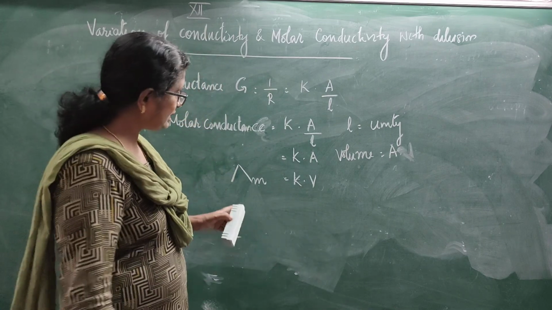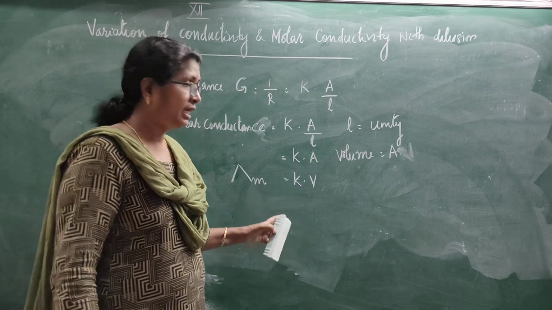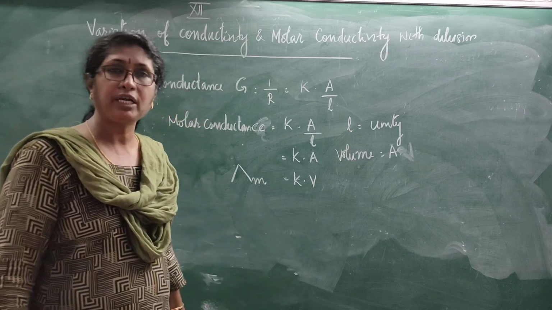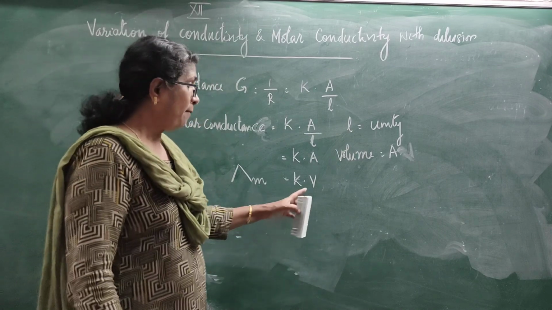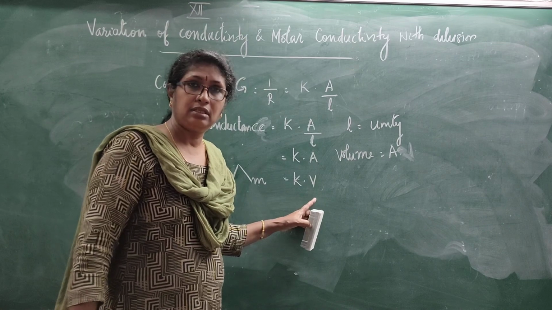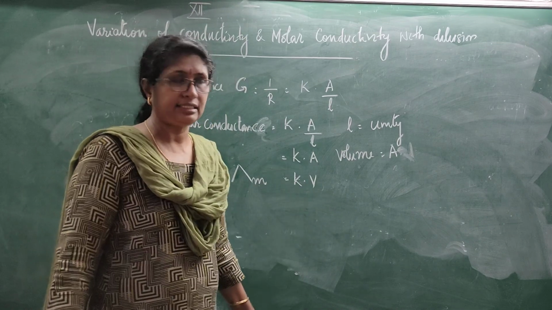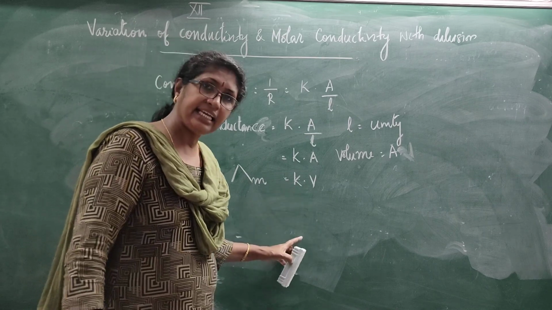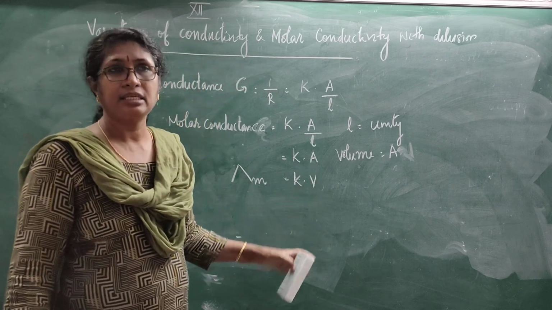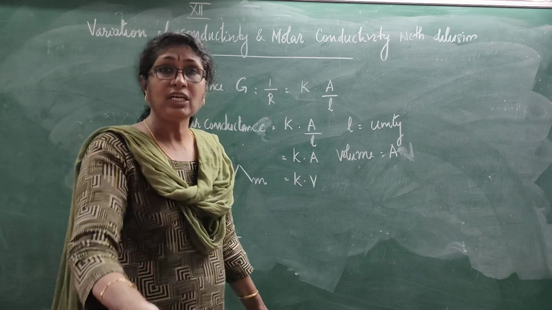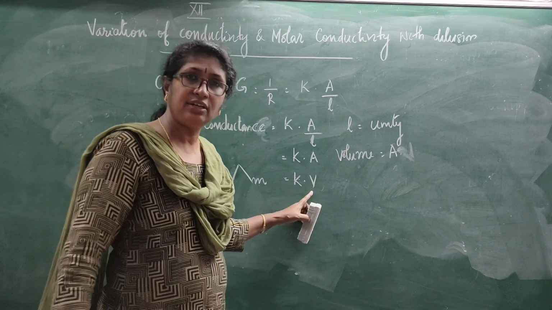Now as we said, on dilution the conductivity K will decrease because the number of ions per unit volume will decrease. But the volume will increase because we are adding water. The conductivity K decreases and the volume increases. So that decrease in conductivity is more than compensated by the increase in volume.